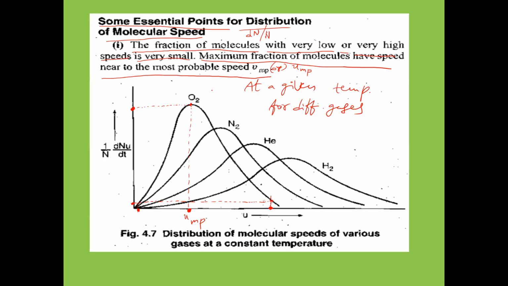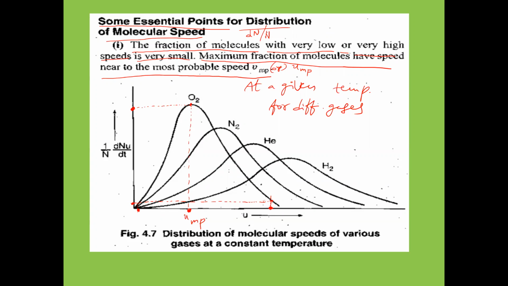At a given temperature for a given gas, a more fraction of gas molecules will have the most probable velocity. Is that clear now? So the height of the peak indicates the most probable velocity here.